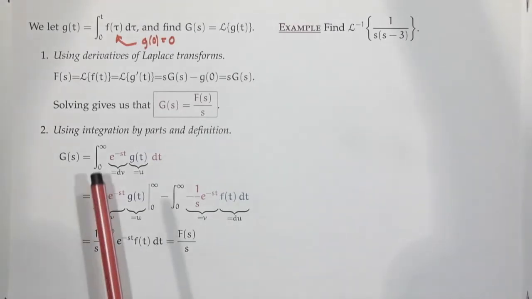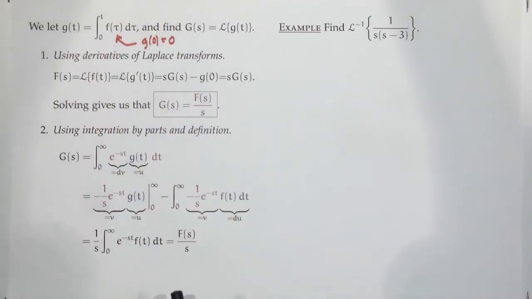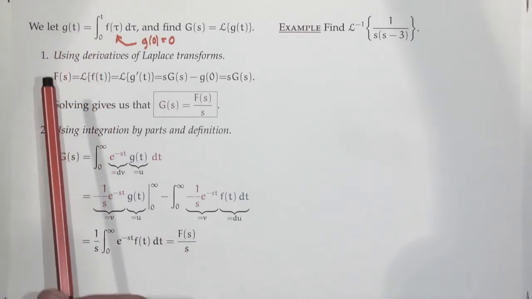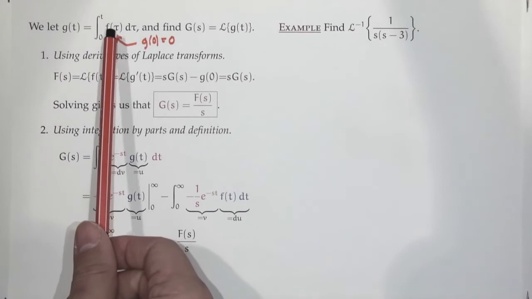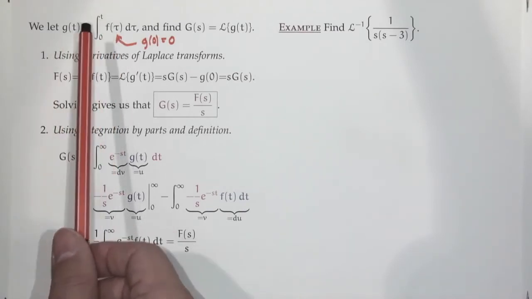And now we say, let's find the Laplace transform of our antiderivative with a special initial condition. And there are two approaches here. This isn't like step 1, step 2. Here's approach 1, here's approach 2. The first approach is to say, there's a relationship between f and g. We think of g as the antiderivative of f, but we can also say, if you take the derivative of g, that's f.